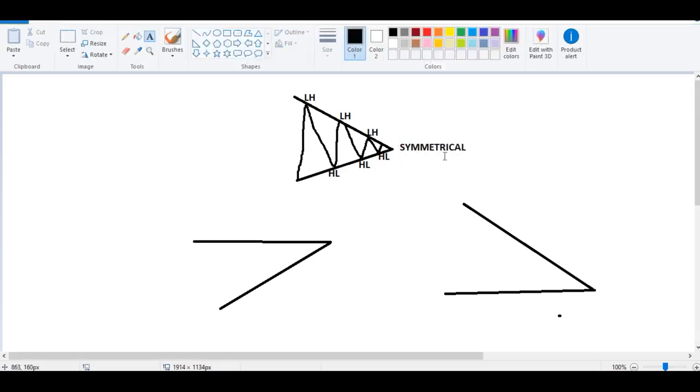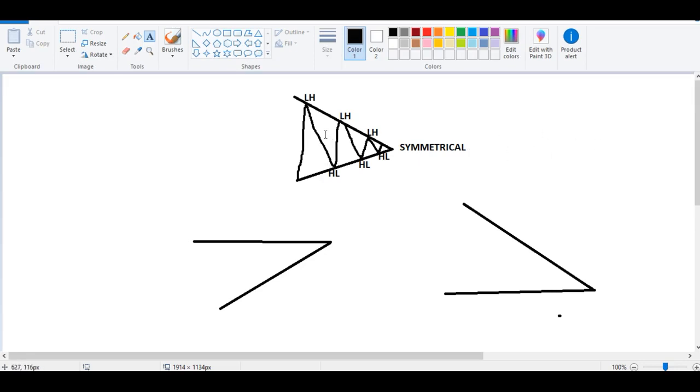So in a symmetrical triangle, price starts to make lower highs and higher lows in a very uniform manner. That is known as a symmetrical triangle.